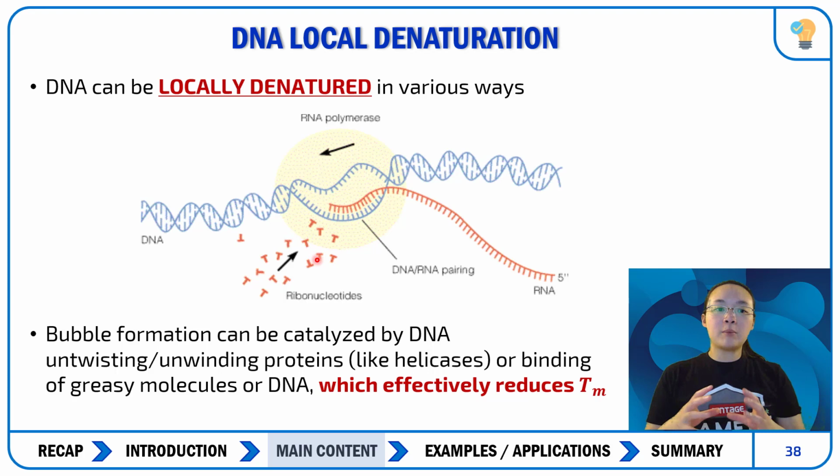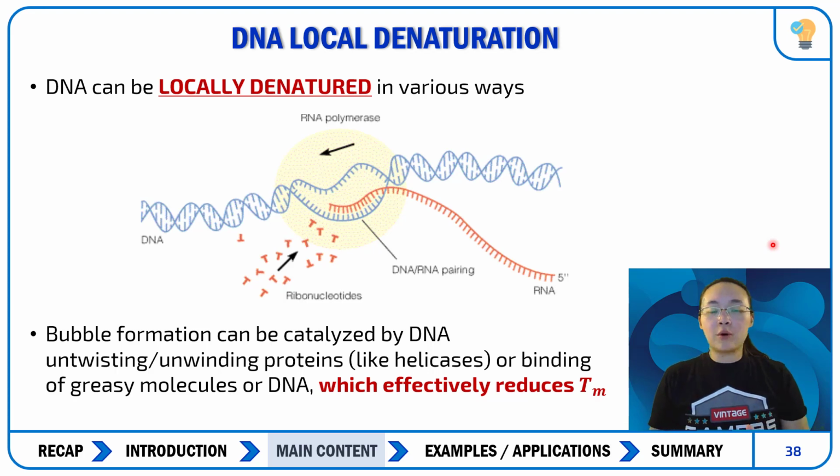So within that bubble, DNA untwisting and unwinding proteins, like any helicase, or a binding of a greasy molecule or DNA, anything that reduces the melting temperature, can allow for a local denaturation to occur, and then you have, for example, an mRNA strand being created. So this is just a quick example of local denaturation of DNA.